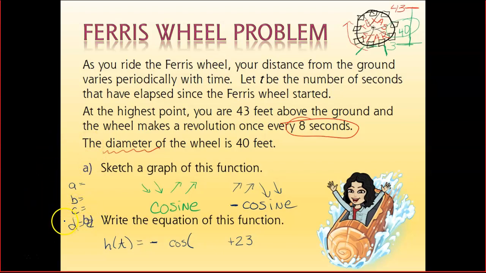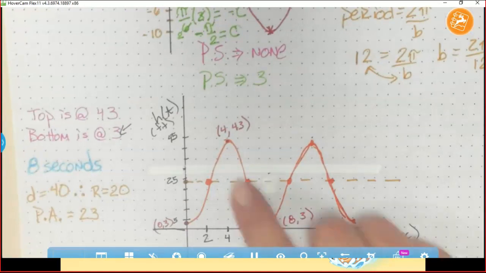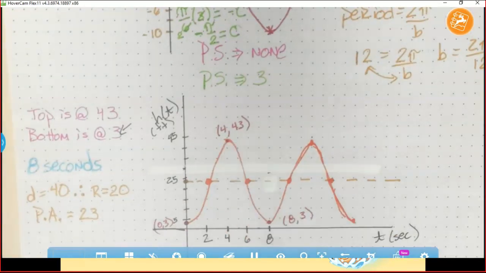Do I know my amplitude? How long does it take me to get from 23 up to the top? Remember, amplitude is from the principal axis up to the top.